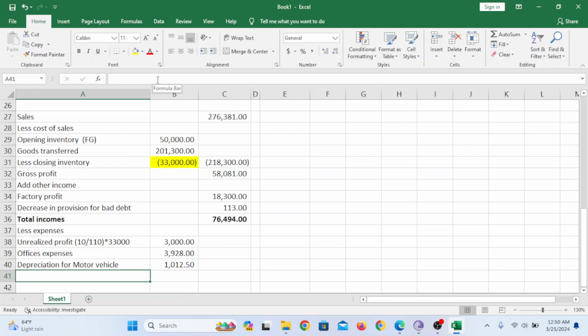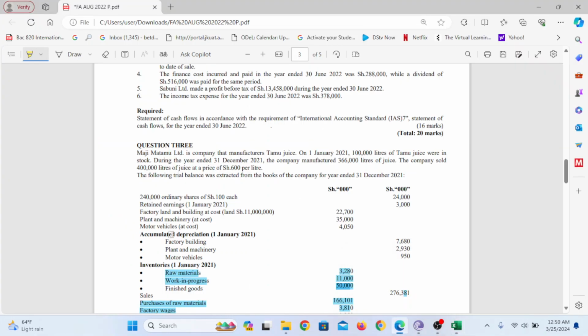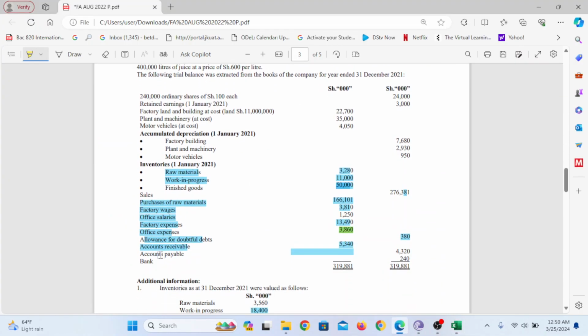Then after that we have office salaries. We didn't touch this, so we pick it directly. Office salaries is the 1250 here.